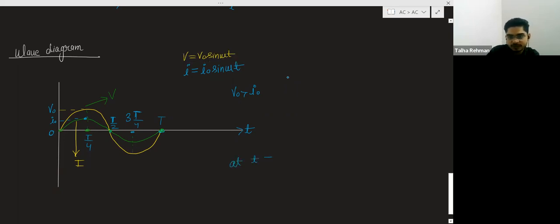So at t equal to T by 4, you want V. So you will write the equation V is equal to V naught sine omega t. So V is equal to V naught sine omega, and instead of t we have T by 4.